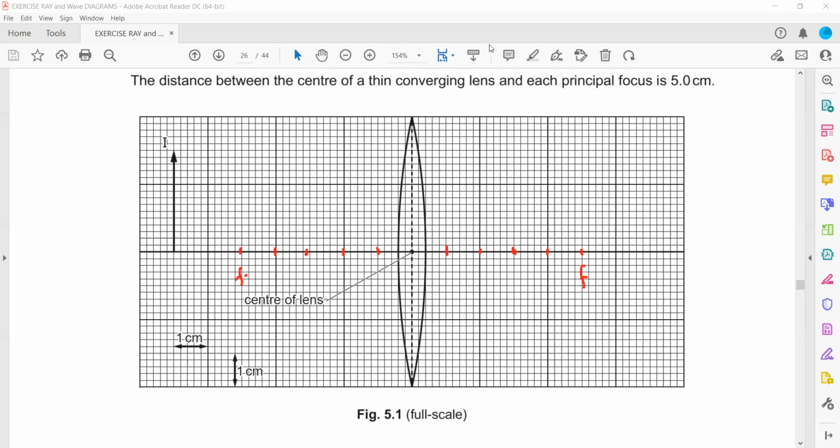So we have to locate the position of the object. So the idea is that two light rays will be there. One is always from the tip of the object to the tip of the image. That is one light ray. And the other one is which is parallel and will pass through the focus.